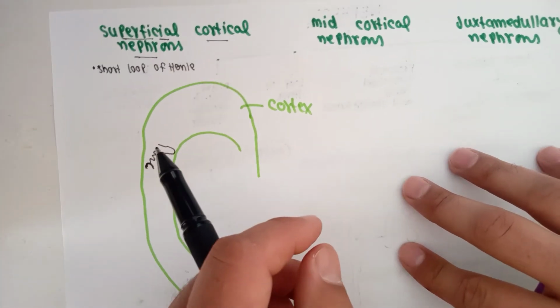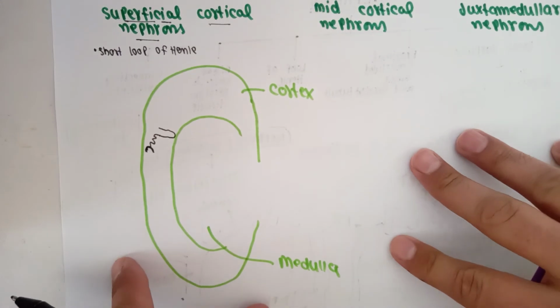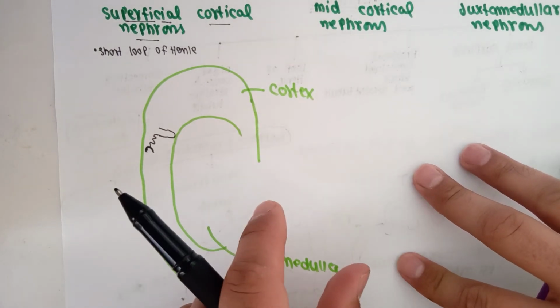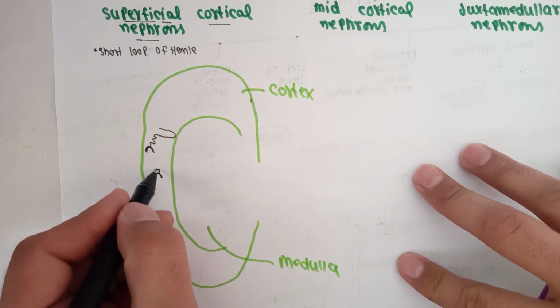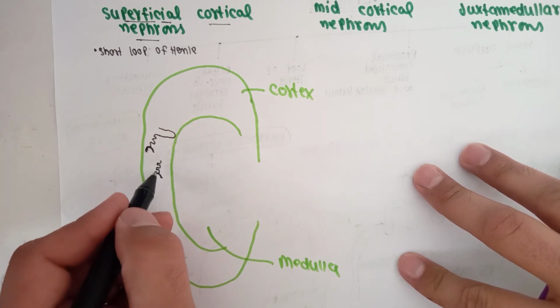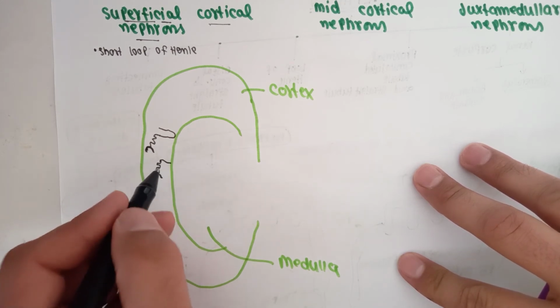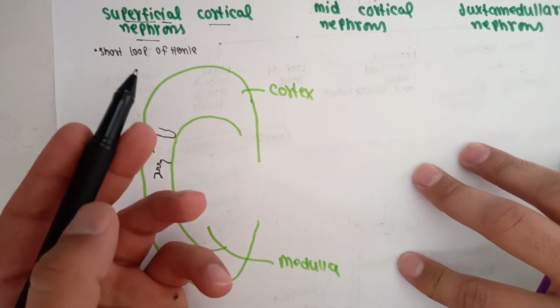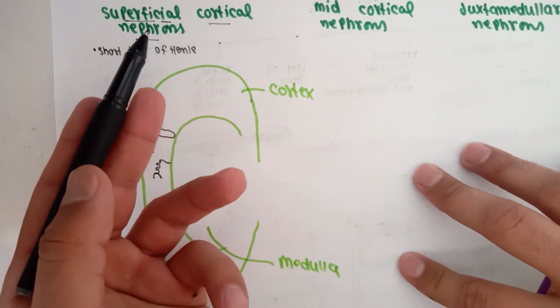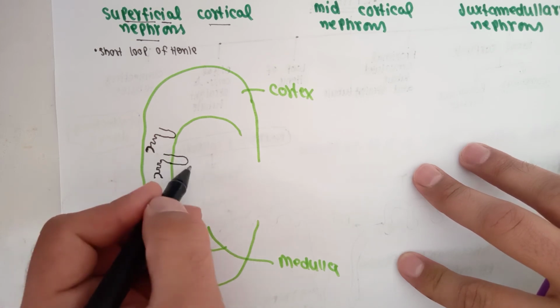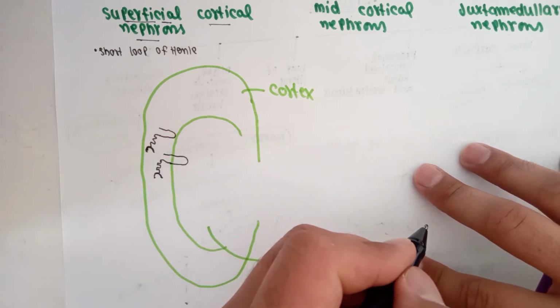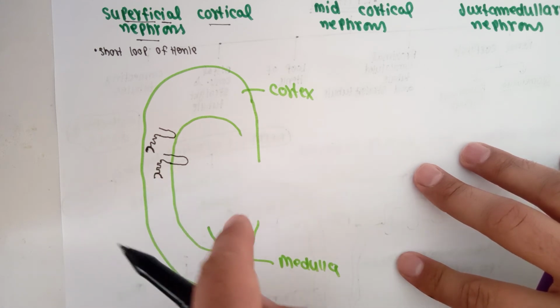Another type of cortical nephron is the mid-cortical nephron. It is called mid-cortical nephron because their renal corpuscle is present in the middle region of the cortex. This is the convoluted tubule, this is the straight, and their loop of Henle is slightly lengthy as compared to the superficial cortical nephron, and this extends slightly into the medulla.